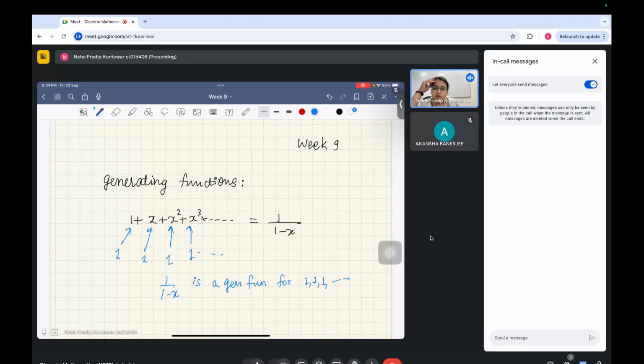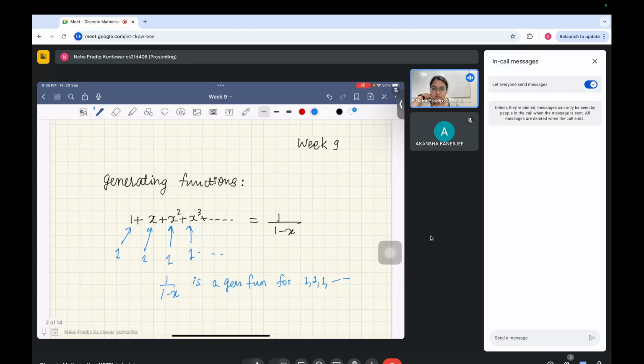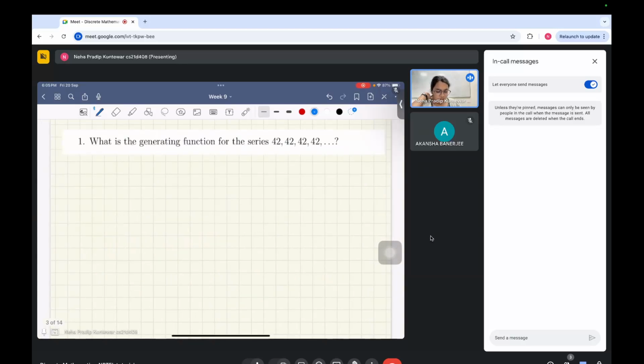Okay, so there are different kinds of generating functions that we looked at in the course, and we also saw in the lectures why it is important. So what we'll do today is we'll try to do some illustrative examples for the same. So let's start with the first question, which is quite simple.